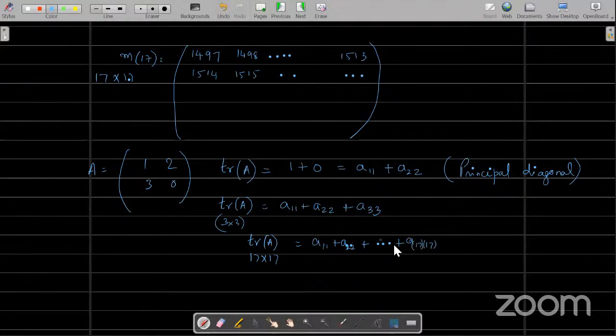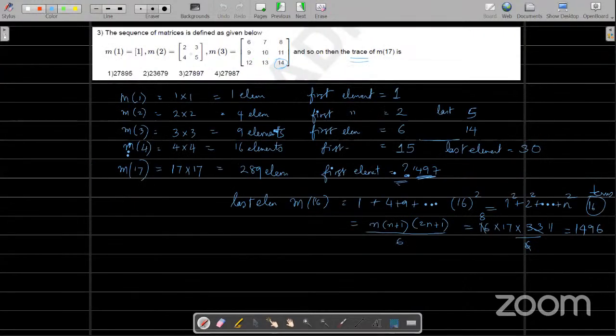Okay. So now that I only need to know these diagonal elements, let us see if there is a pattern for the diagonal elements. For 2, 5, we won't be able to look for a pattern. But look at this M of 3: 6, 10, and 14. What is the sequence of these numbers in the diagonal? 6 plus 4, 10, 10 plus 4, 14.